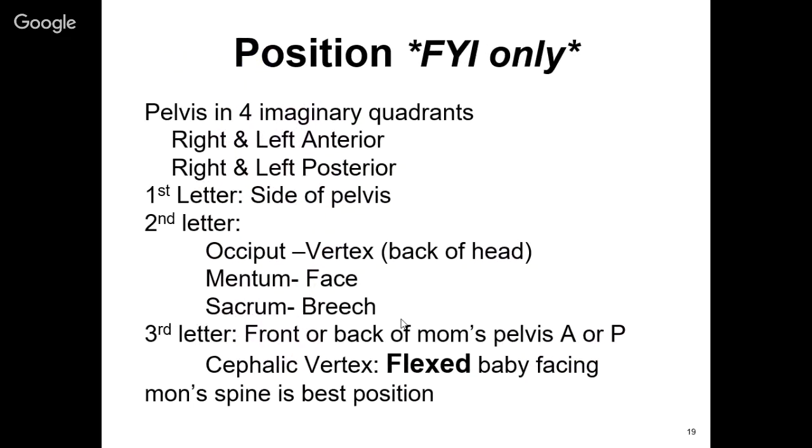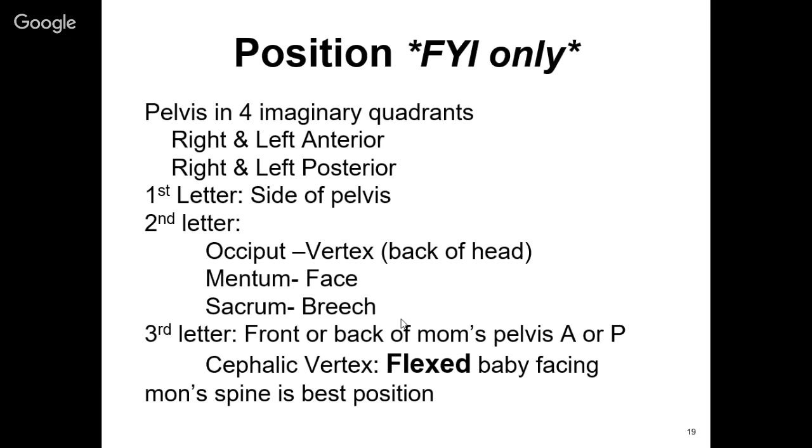This is really just for your information in case you're really interested. You put the pelvis in 4 imaginary quadrants: left and right anterior, and left and right posterior. When they describe the position, the first letter is the side of the pelvis. The second letter is whether it's occiput, the vertex or back of the head; mentum, which is the face, like mental, like chin; and sacrum, which is a breech position, like the sacral bone.